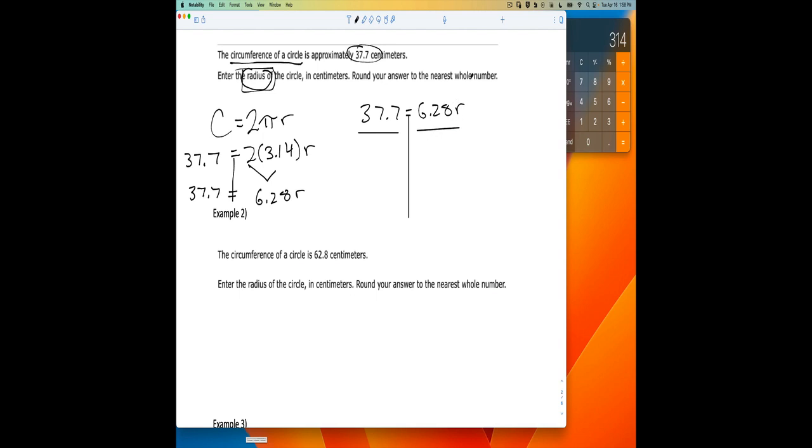If it's 6.28 times R, what's the opposite of multiplying those together? Divide. What number are you dividing by, Hunter? Do you want to divide by 6.28 or the 37? Let's try it. When I do that, Hunter, does it cancel to get R by itself? Beautiful. That's the whole goal. Put R by itself, and we are almost to the answer.